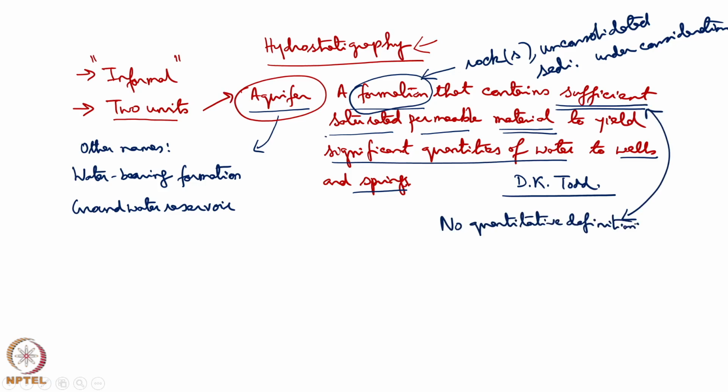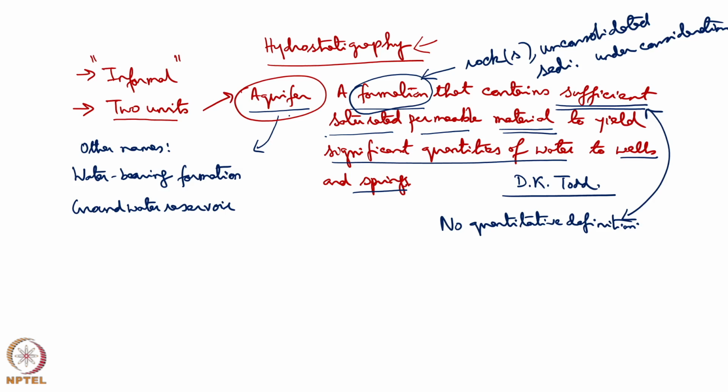Within the entire formation, is it 5% of material which has saturated permeable content, or is it 10%? That percentage is not given clearly. So, the definition of aquifer does not involve quantitative meaning. Saturated permeable material, as I told you, means either rock or unconsolidated sediments.